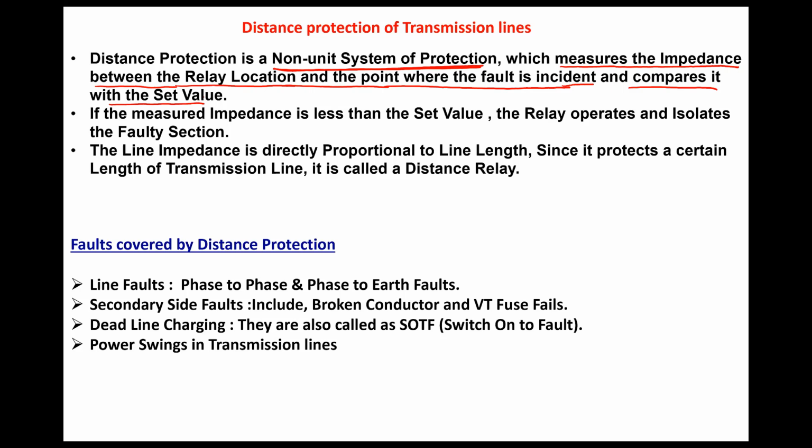If the measured impedance, that is the impedance between the relay location and the fault point, is less than the set value, then the relay will operate and isolate the faulty section.